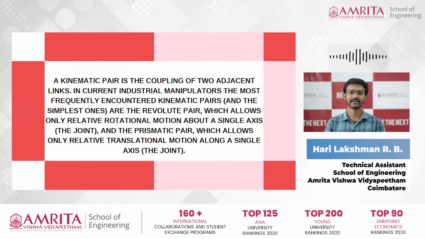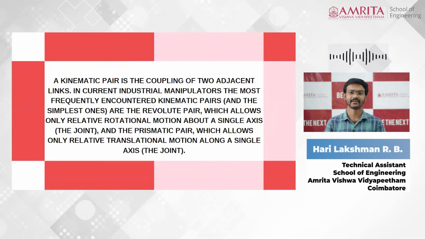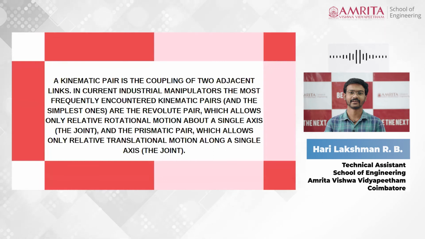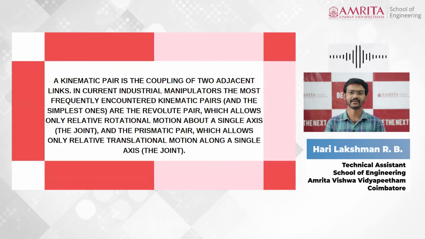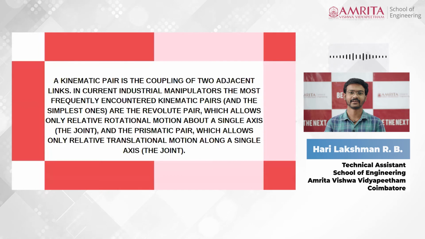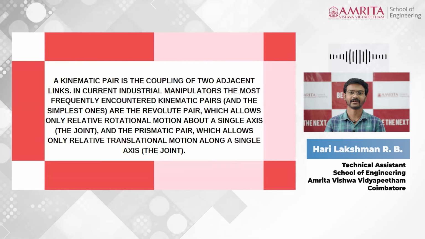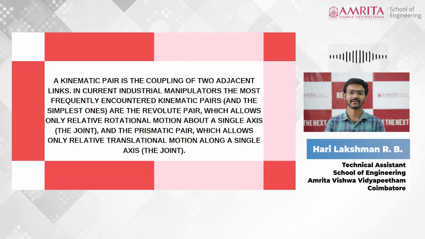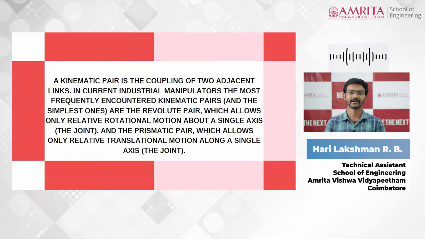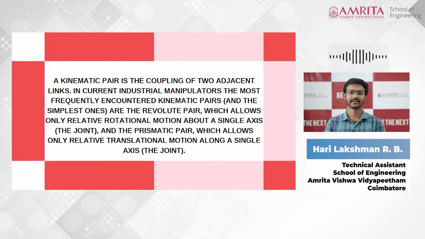It has a revolute joint and a couple of links attached to that revolute joint in different directions. It allows only relative rotational motion about a single axis. The prismatic pair is another common kinematic pair, which allows only relative translational motion along a single axis.